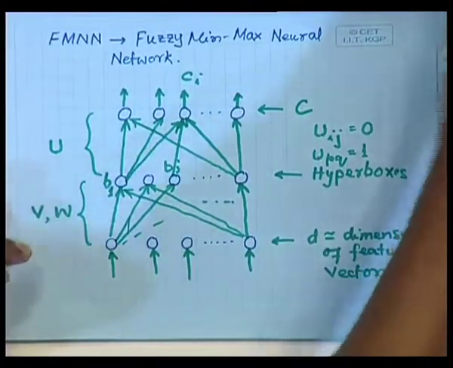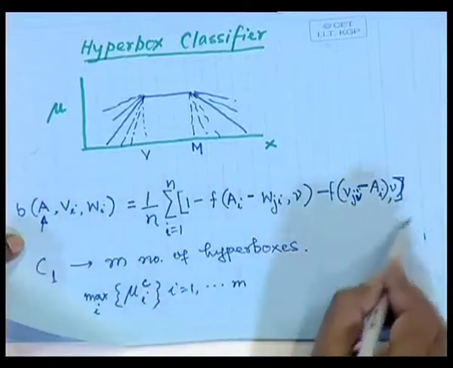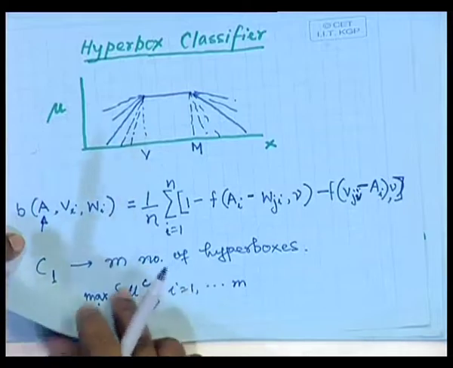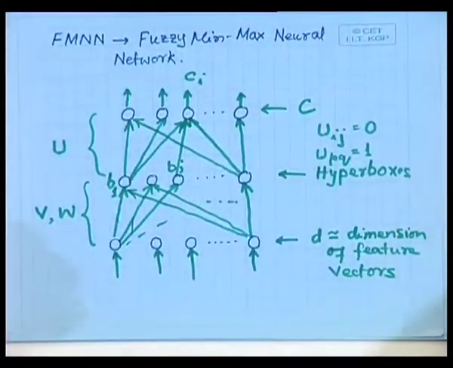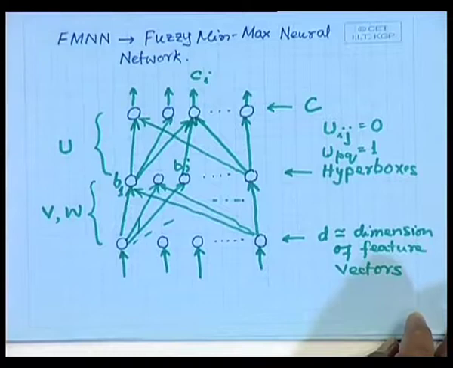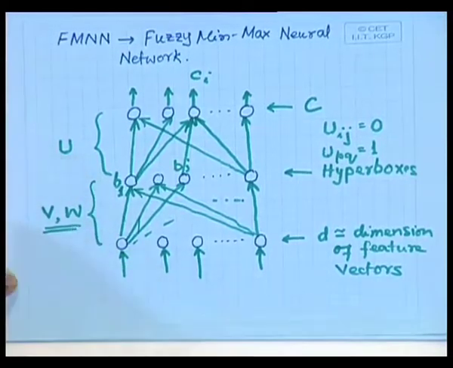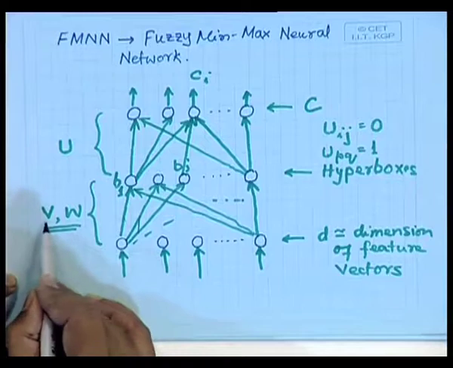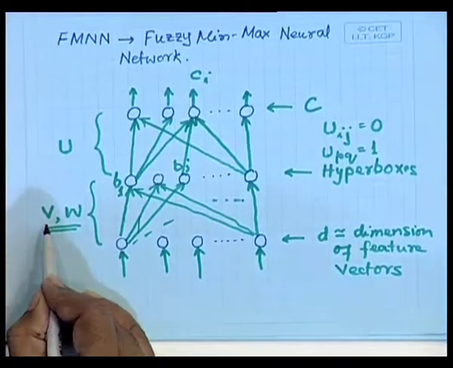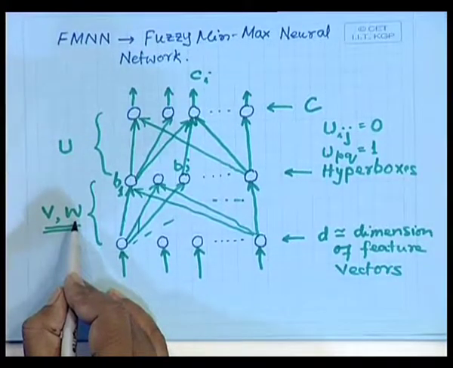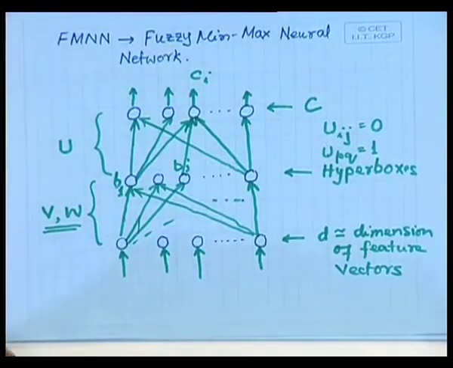Each of these nodes has to compute a membership value. Whether you call it connection weights or information available to the hidden layer nodes, it is represented in the form of two matrices V and W, where matrix V gives the min point information and matrix W gives the max point information.